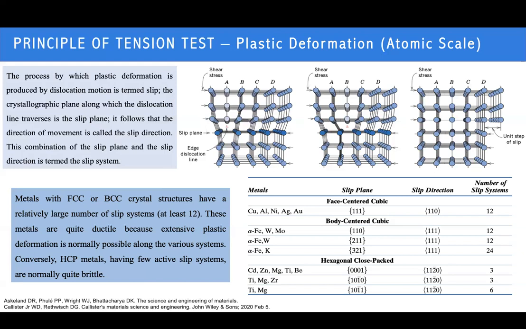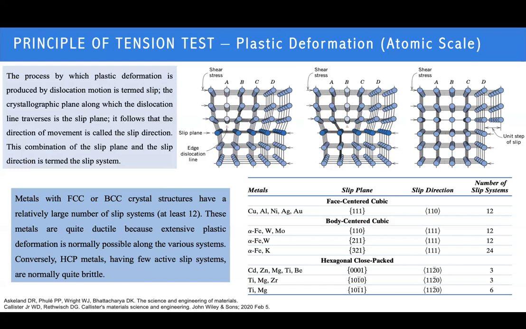But HCP has a hexagonal structure. In this kind of structure, they have fewer slip systems, so that's why they are less ductile. I'm not going into much detail, but these slip systems give the nature that the deformation can go through defined slip planes with a direction.